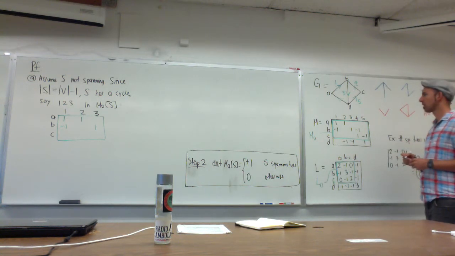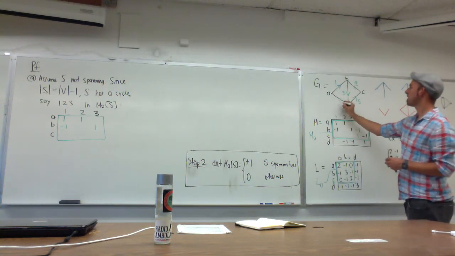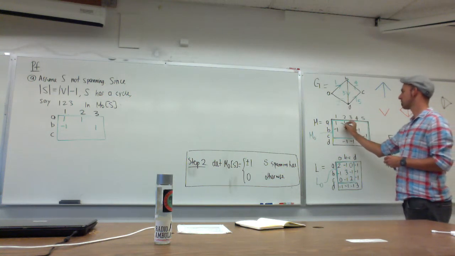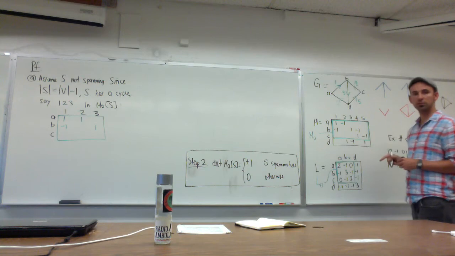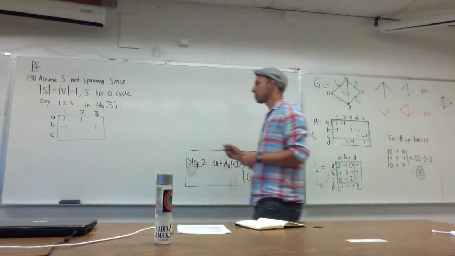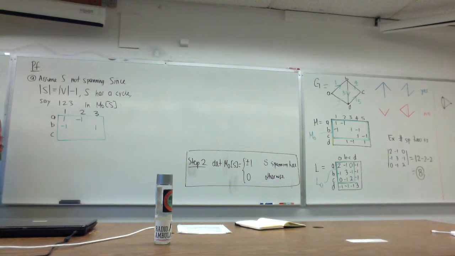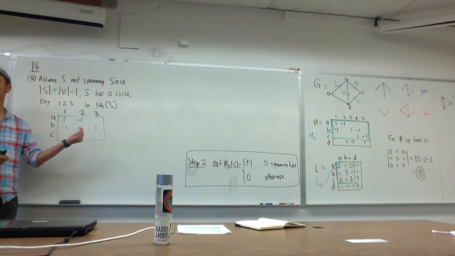What I'm doing is this was edge number 2, so I'm just changing the sign of this and this. And the reason that that's nice to do is that now I claim that the sum of the columns of this matrix is 0.